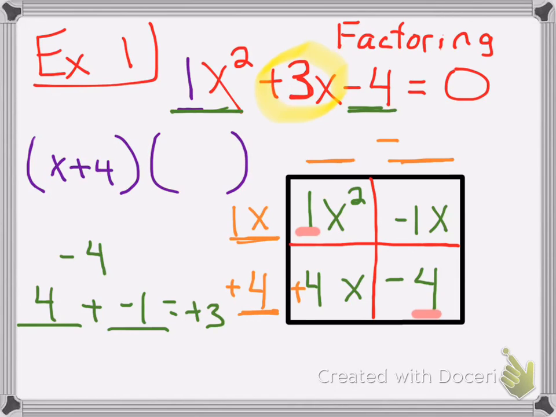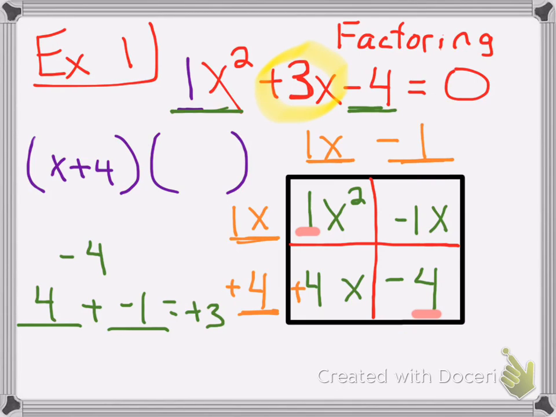Now do the same thing with the columns. This column here, the greatest common factor of that is 1x again. And then over here, there's not really much going on. There's nothing that they really have in common. The greatest common factor of 1 and 4 is 1.